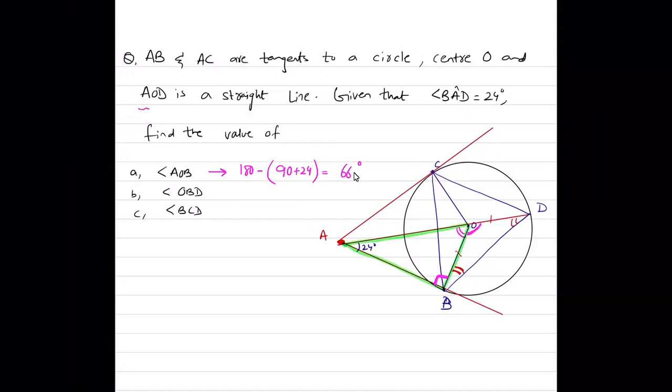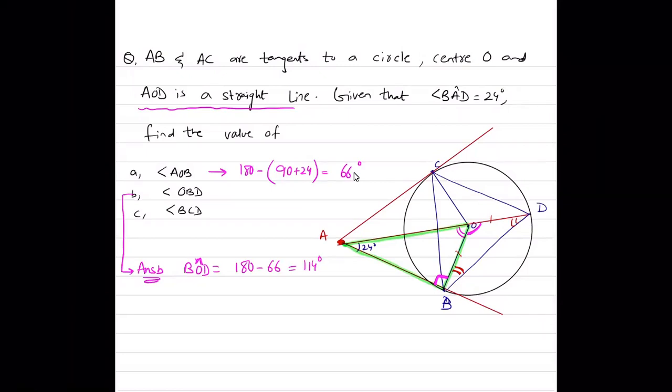The question already said that AOD is a straight line. If AOD is a straight line, what is angle BOD going to be equal to? 114 degrees. Yes, 180 minus 66, that is 114 degrees, right?